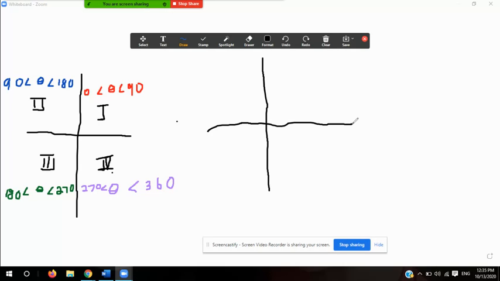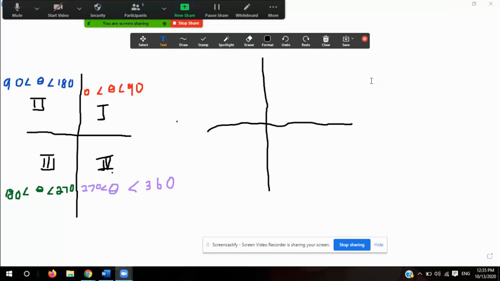Could be mistaken. Anyway, example number 1 says, sketch the following angles in standard position. So let me go ahead and write it here.